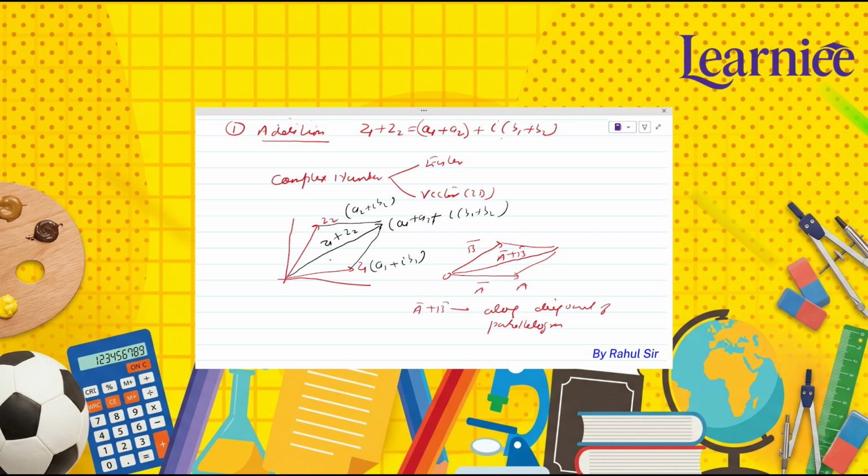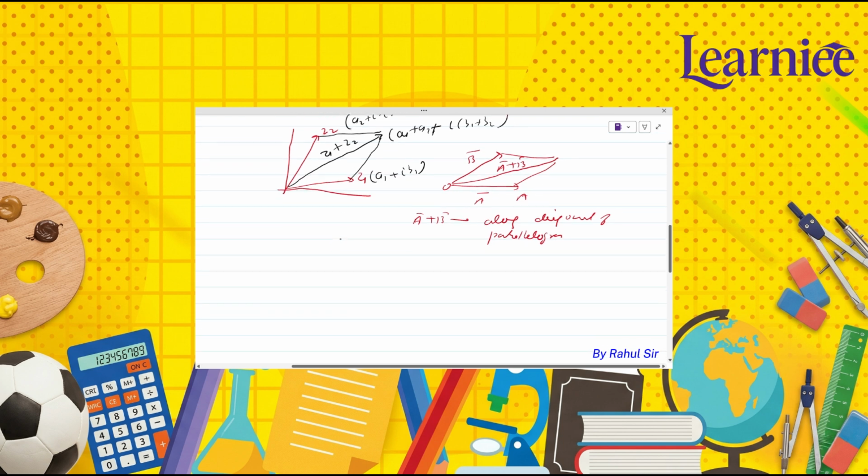We form a parallelogram with sides z1 and z2, and the addition is the diagonal of the parallelogram.